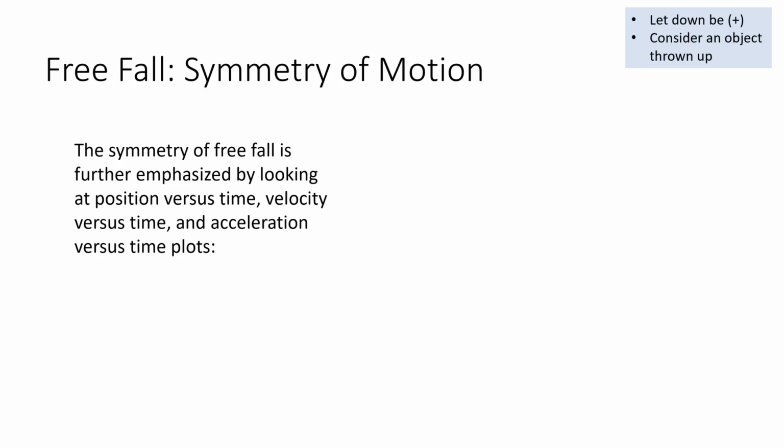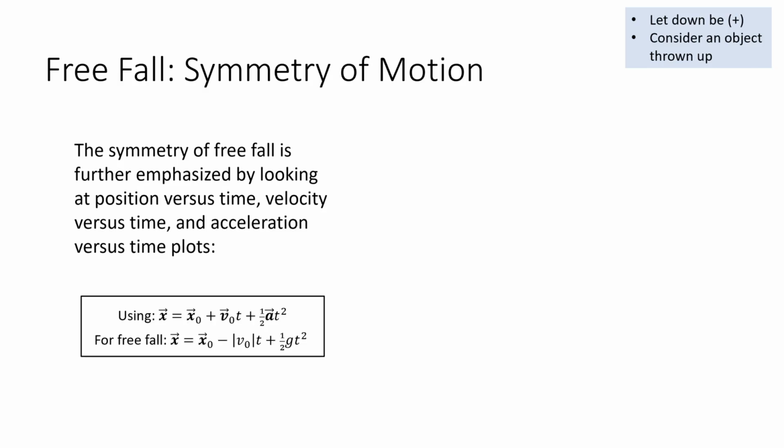Okay, and we can look at this symmetry one last way to wrap up for today, and that's by exploring the position versus time, velocity versus time, and acceleration versus time graphs for free fall. So let's go ahead and do that, starting with the position versus time graphs. Remember, we want to use the equation that has final position and time, and then the rest of the variables in the equation are all just constants.